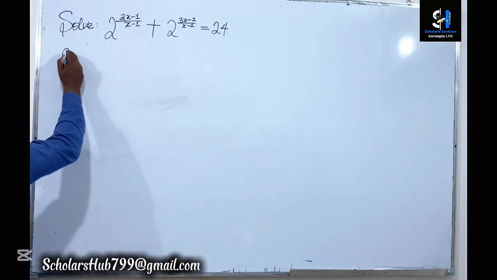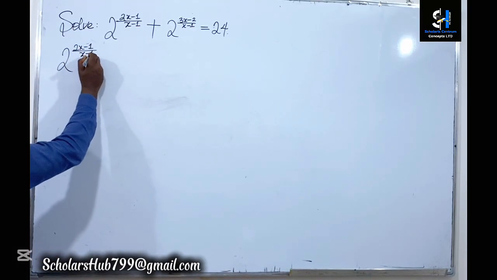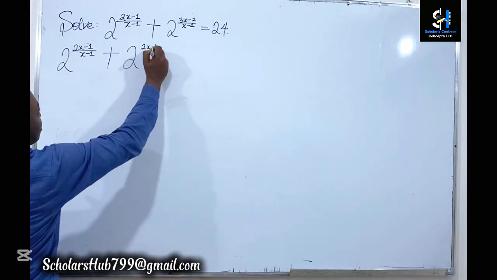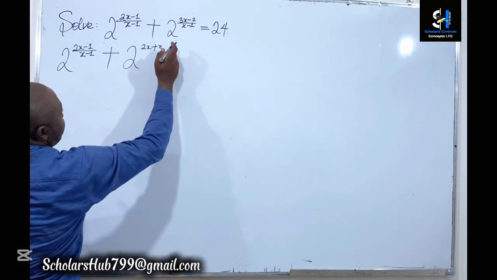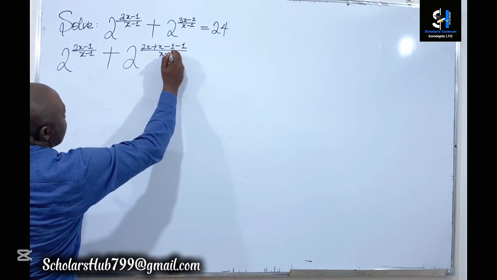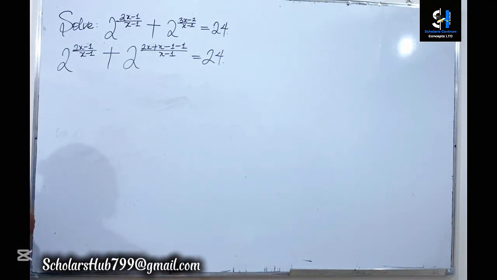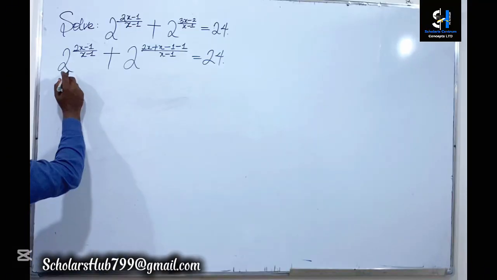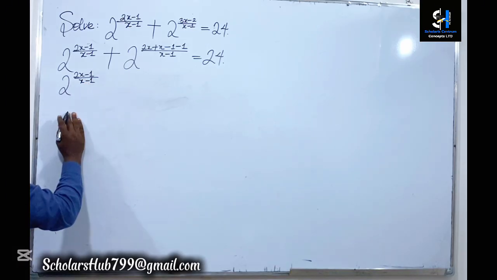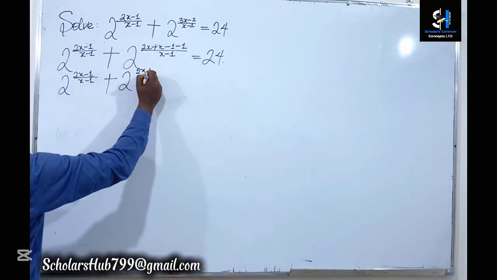So I'll write this again: 2 raised to the power of (2x minus 1) divided by (x minus 1), plus 2 raised to the power of (2x plus x), which is 3x minus 1, divided by (x minus 1), equals 24. Now we write this again: 2 raised to the power of (2x minus 1) over (x minus 1) plus 2 raised to the power of 2x.